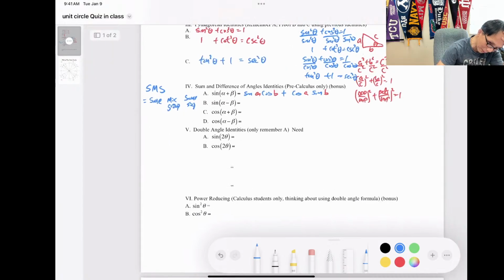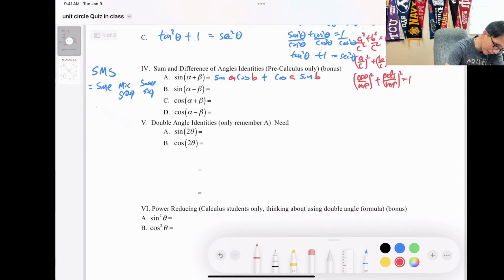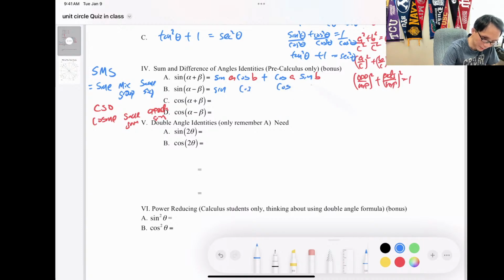Now I'm going to write down the other acronym, CSO. What does CSO stand for? Cosine, same group, opposite sign. Can you finish the rest of them? Sine, cosine, cosine, sine.